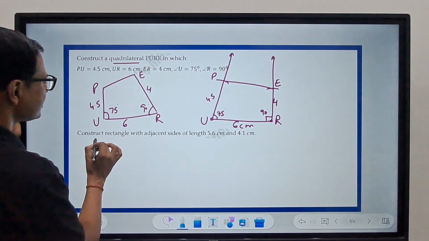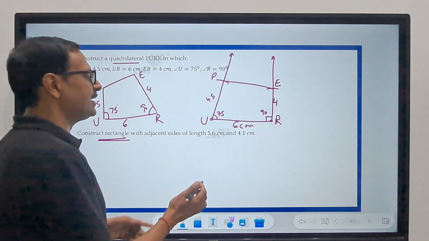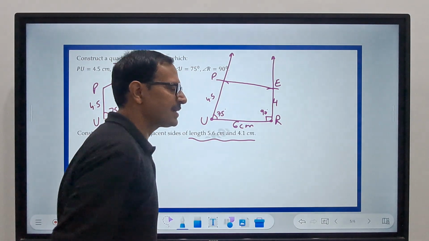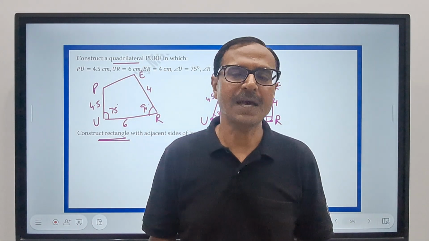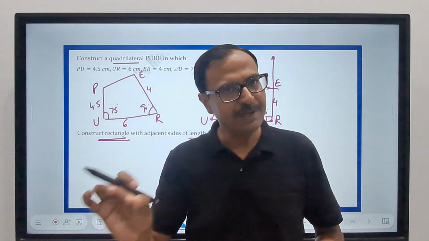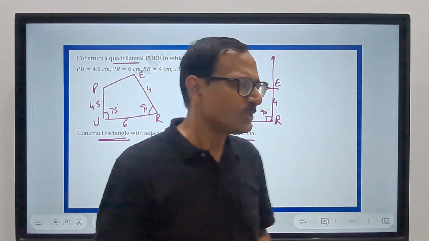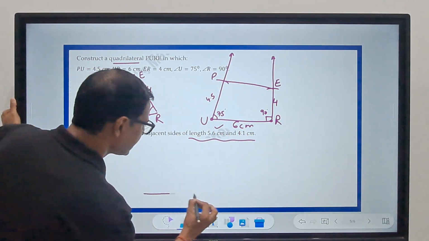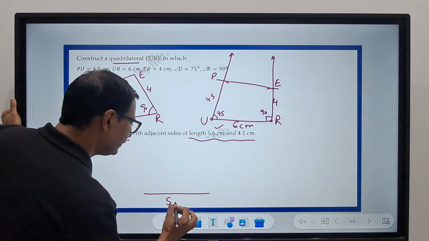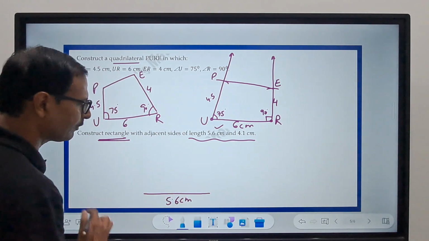Likewise, if you have to construct a rectangle with given sides, the adjacent sides are 5.6 and 4.1, we know that in a rectangle all the angles are 90, 90, 90 and 90, right? So pretty easy. Take any side, say 5.6 centimeter first. This is 5.6 centimeter. I am not naming the figure as of now.